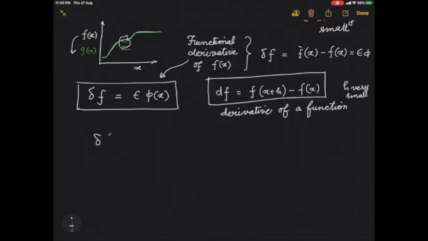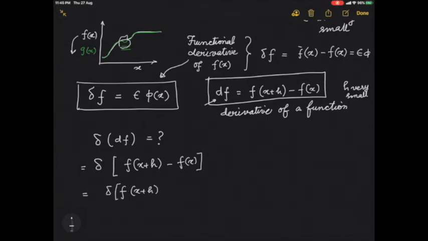Once you have done these two, let us ask the question, what is, say, delta of df? So how do I calculate? I know what df is. df is f(x+h) minus f(x). So I can just replace it for df. Then I get delta of, okay, so I am assuming that they are associative, so you can just separate them out.